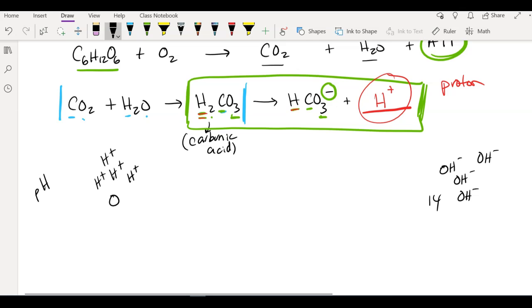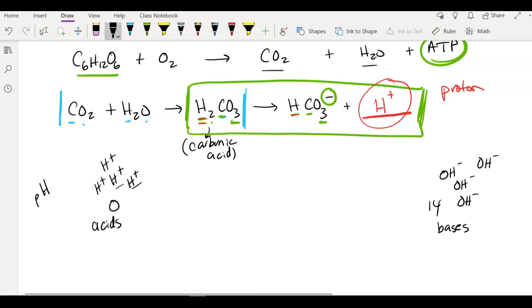If you recall from biology, these folks down here are acids. On this end of the scale over here by 14, these are bases. Over here for the pH of 0, we have pure H pluses. So this means that if we allow these H pluses, these protons, to build up in our bloodstream and within our cells, our pH will be closer to 0.